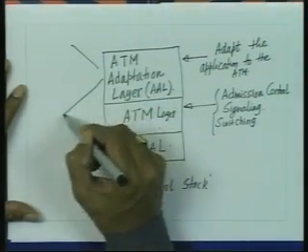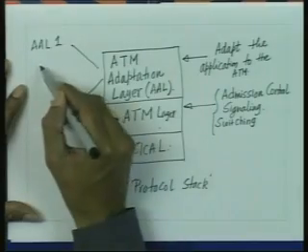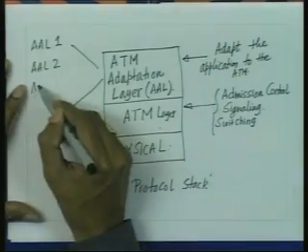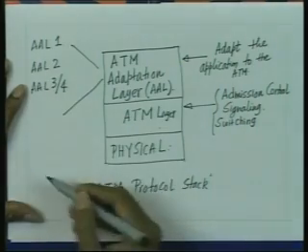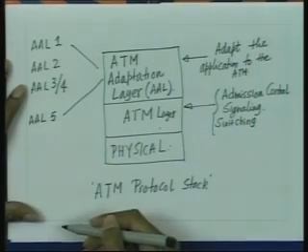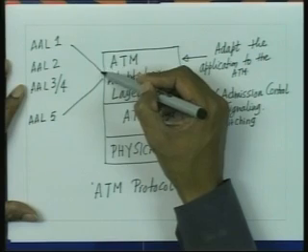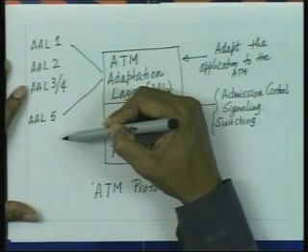So we will see that there is an adaptation layer 1, there is an adaptation layer 2, there is an adaptation layer 3 and 4, which have now been merged, and one of the other popular adaptation layers is AAL5. I will shortly explain the significance of these ATM adaptation layers for different services.